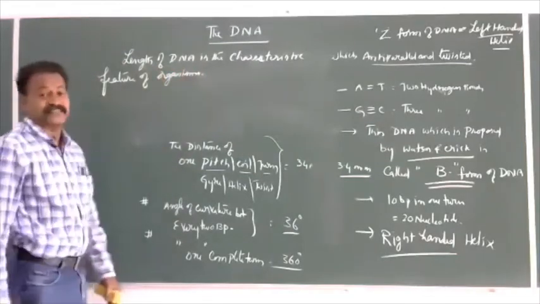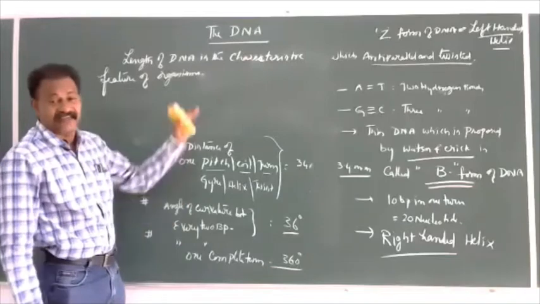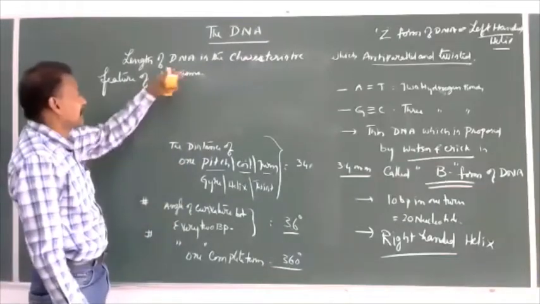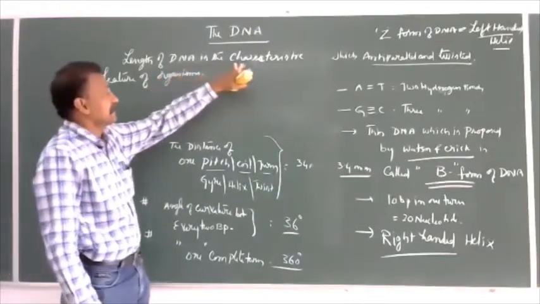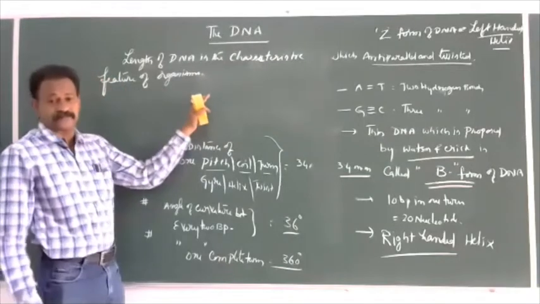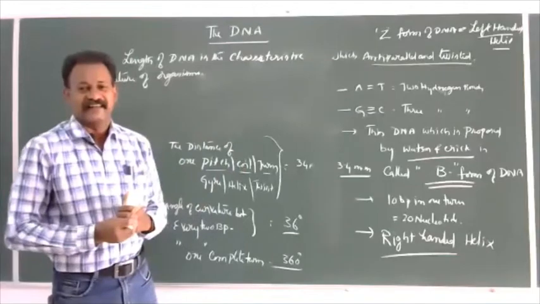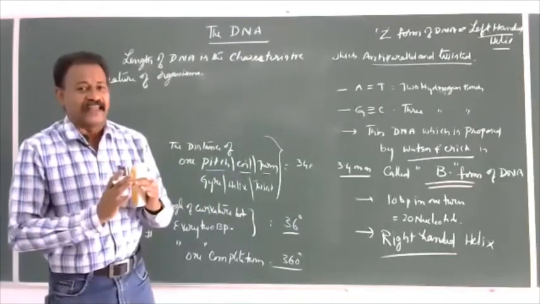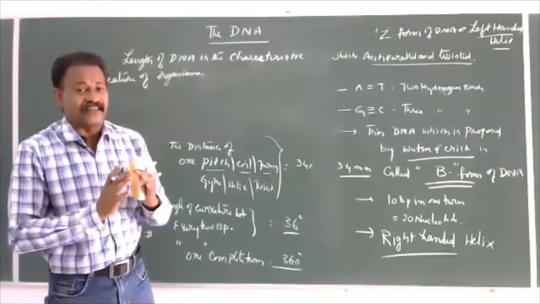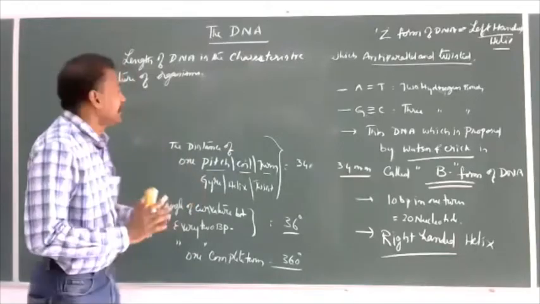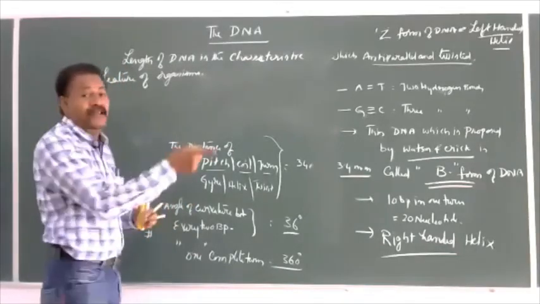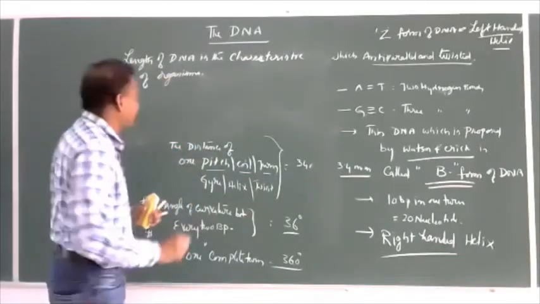This can be a statement type question, assertion and reason, or choosing correct and wrong statements. Length of DNA is a characteristic feature of organisms. A particular organism has a particular length of DNA. So length of DNA is measured by the number of nucleotides present in it.